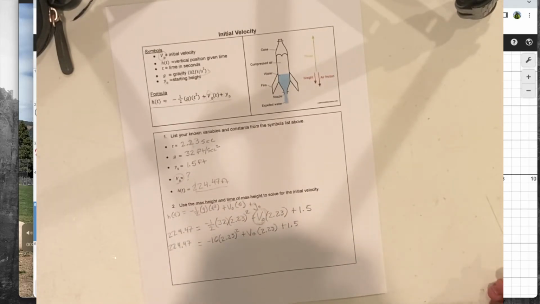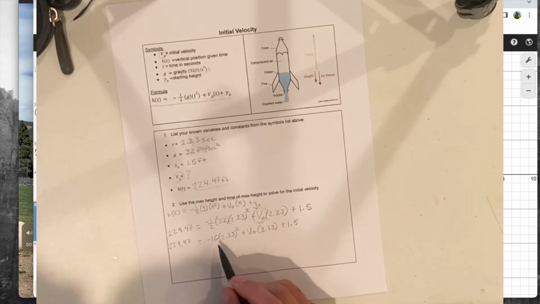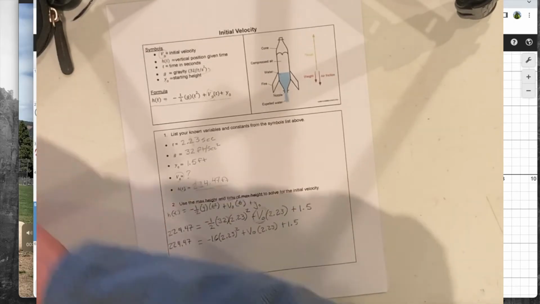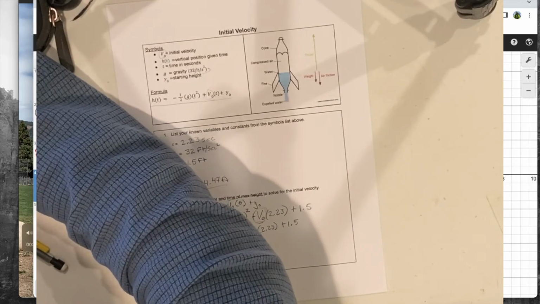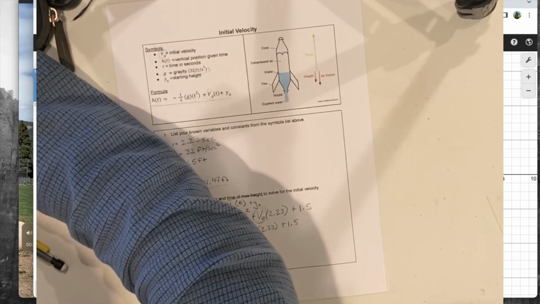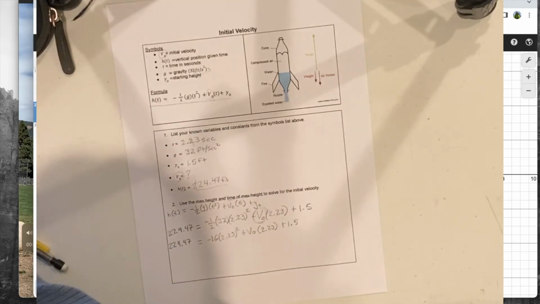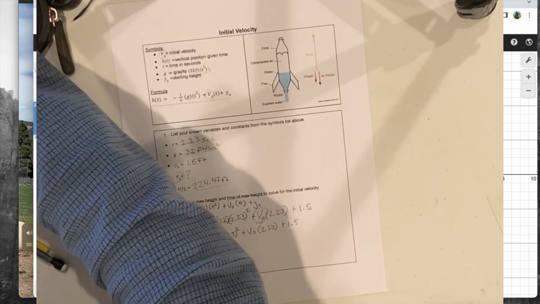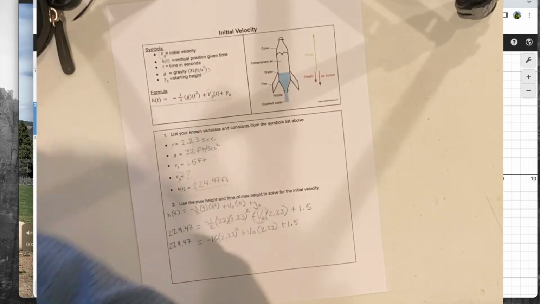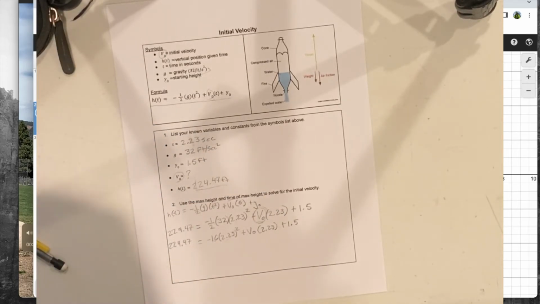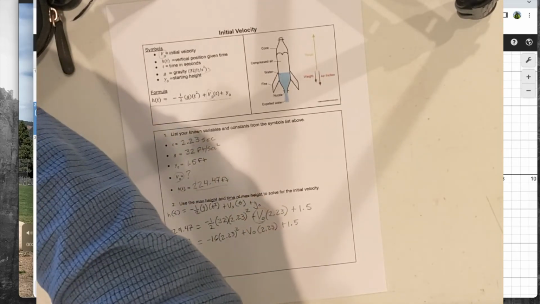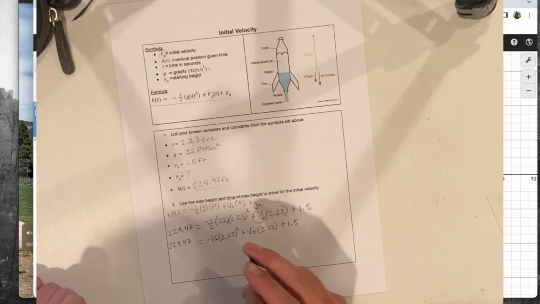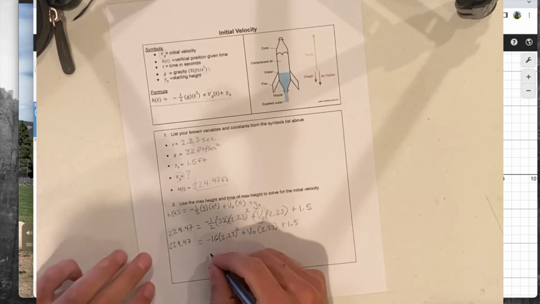What I'm going to do next is multiply negative 16 times 2.23 squared. That's going to be negative 79.56.